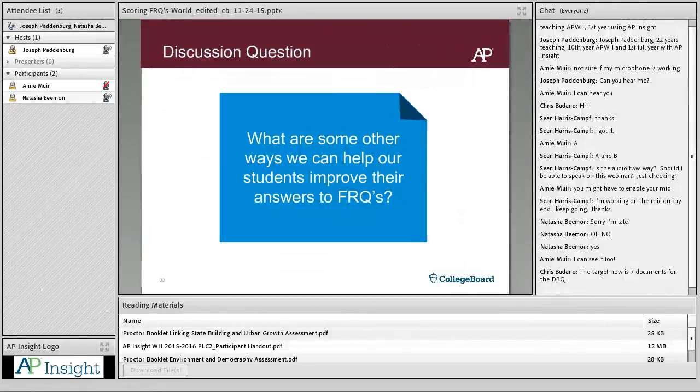We've talked about some other ideas to improve free response questions. Anybody have anything else they want to throw out there? I try to give multiple opportunities to practice. If I'm in a situation where I can't grade a whole essay, at least having them write a thesis statement to answer the question, to make sure they're on the right track.